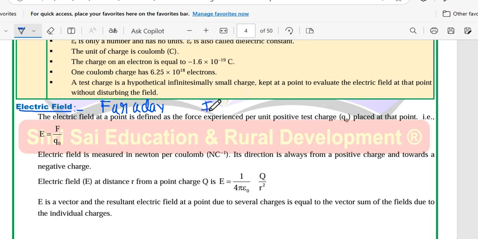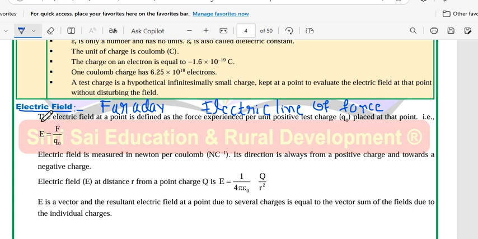The path along which a unit positive charge moves in an electric field is called the electric line of force.